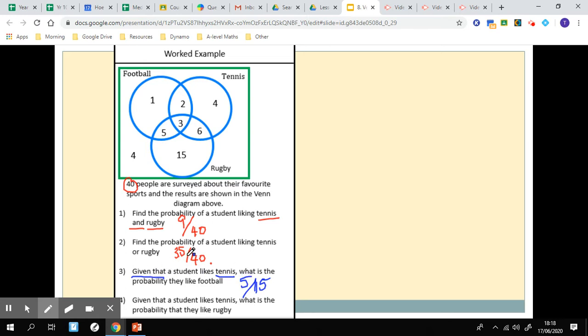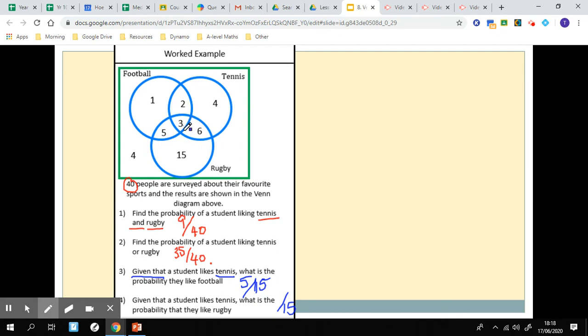So whatever the given part is, that's what we're considering it's out of, so out of tennis. And the probability is, well, the total that like football that are already in this circle are 5. Okay, next one, given that a student likes tennis, so out of 15 again, what is the probability that they like rugby? Well, they're in the tennis circle, we know that.